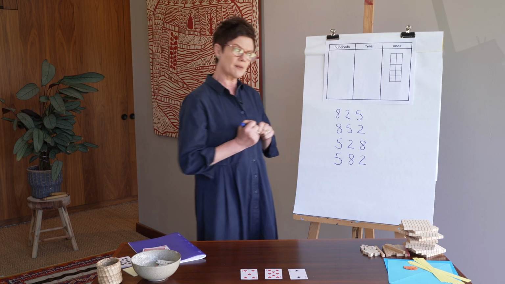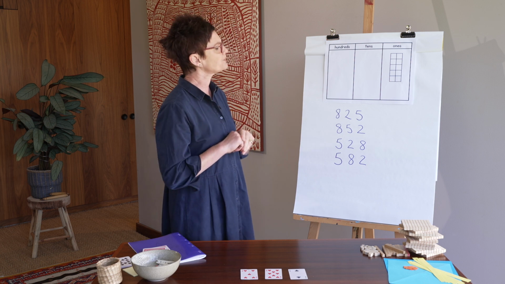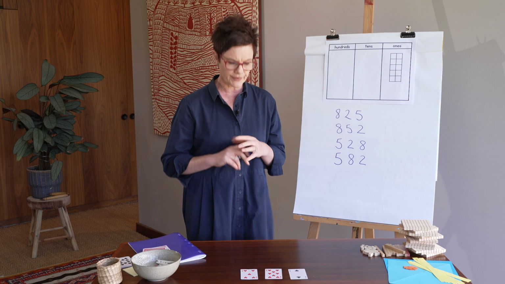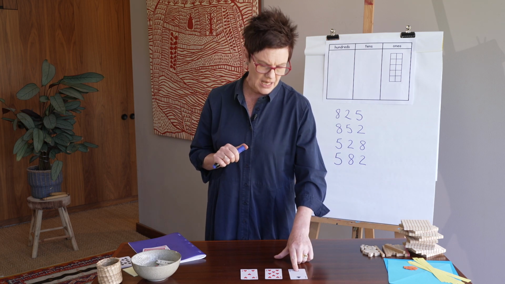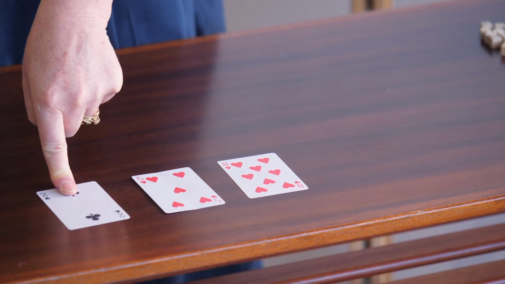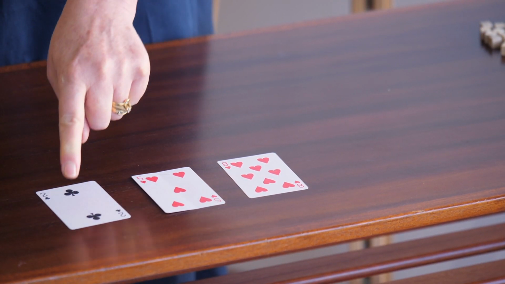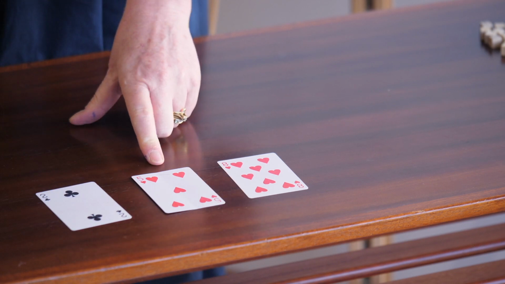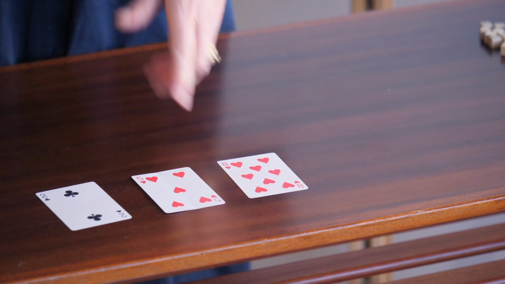But I think there's something else we could do. Okay. Let's take the 2 and pop it in the hundreds. Now I have 2 hundreds, 5 tens and 8 ones.